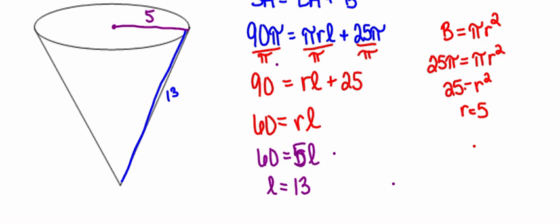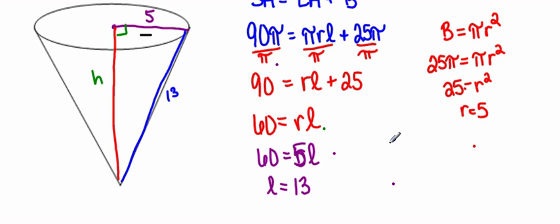What we really truly want to find, however, is the height of our cone. Looking at our picture, we can see pretty nicely that we have this little right triangle where we know that the length of the hypotenuse is 13 and the two legs are h and 5.